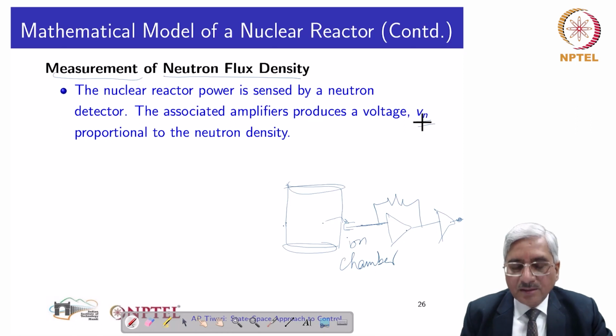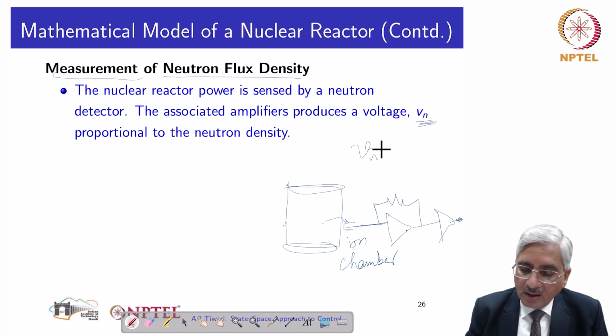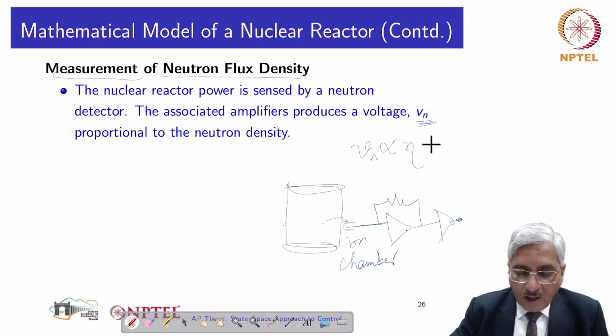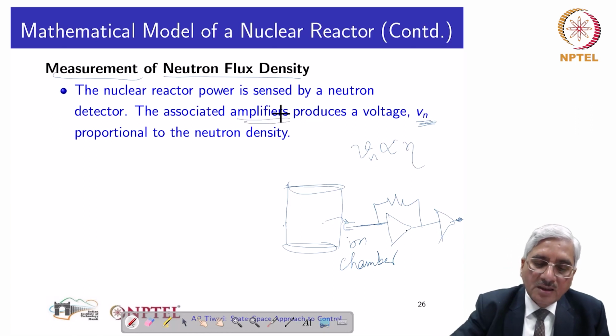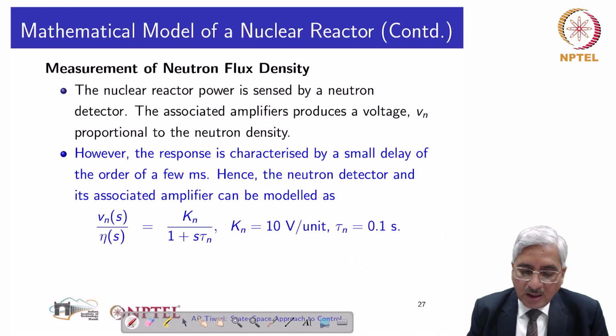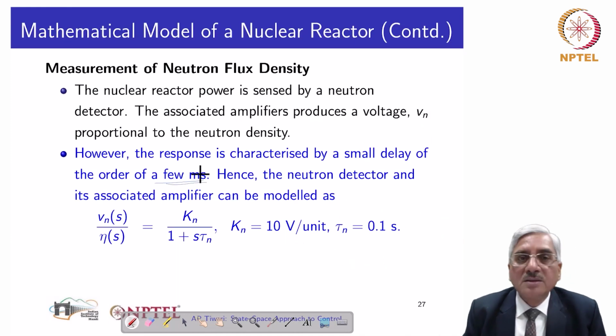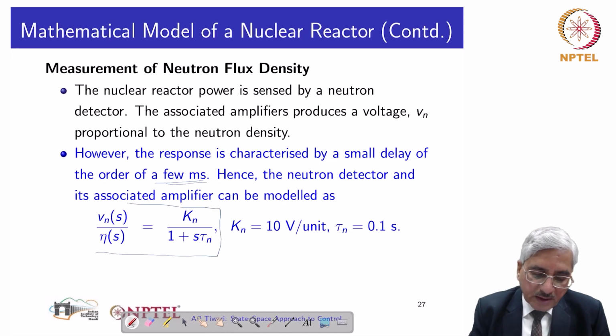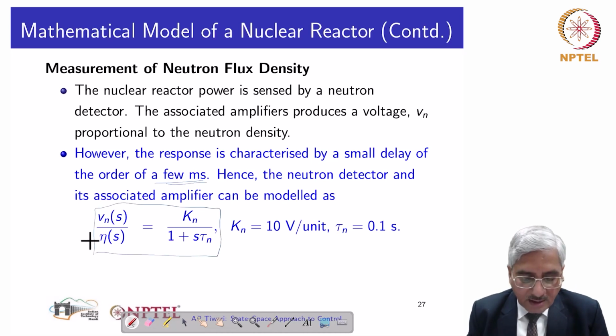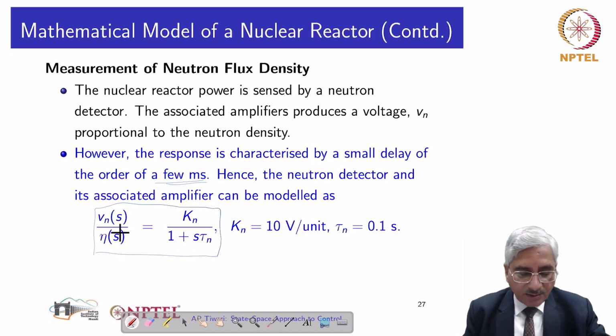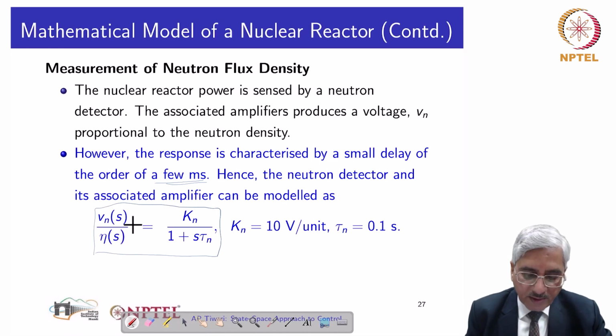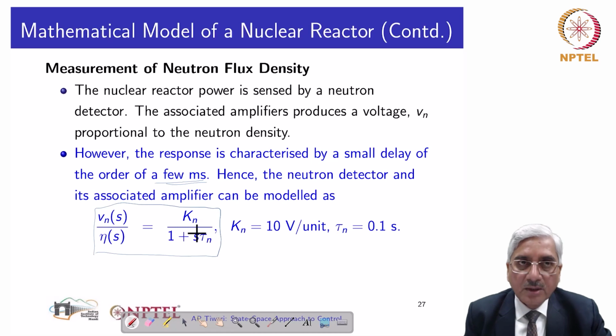So at the end we get a voltage signal or a current signal. We consider in this lecture that signal as a voltage signal, which is proportional to neutron density. However, the amplifier will have a little time constant, a few milliseconds, and its transfer function is given by this: the voltage divided by the neutron density in the core, the Laplace transform, is k by 1 plus s tau.